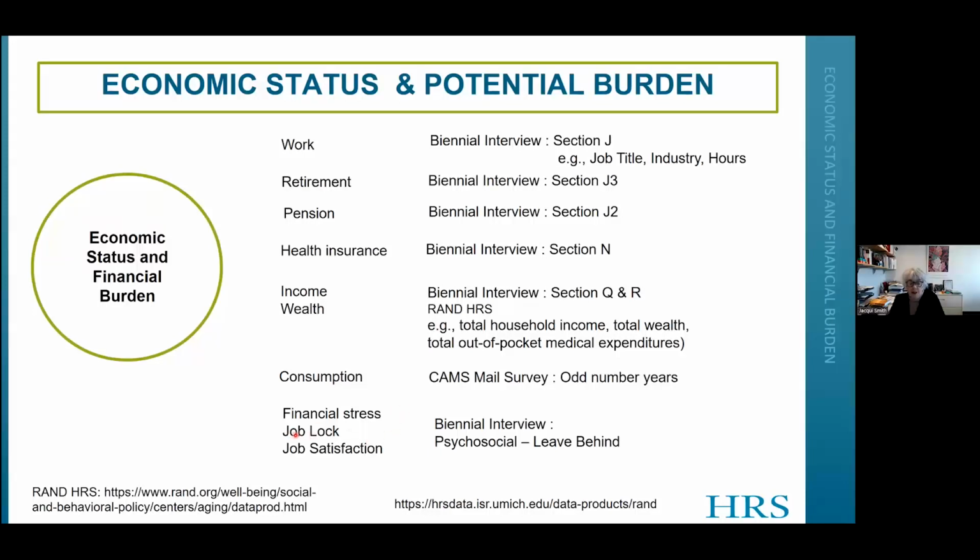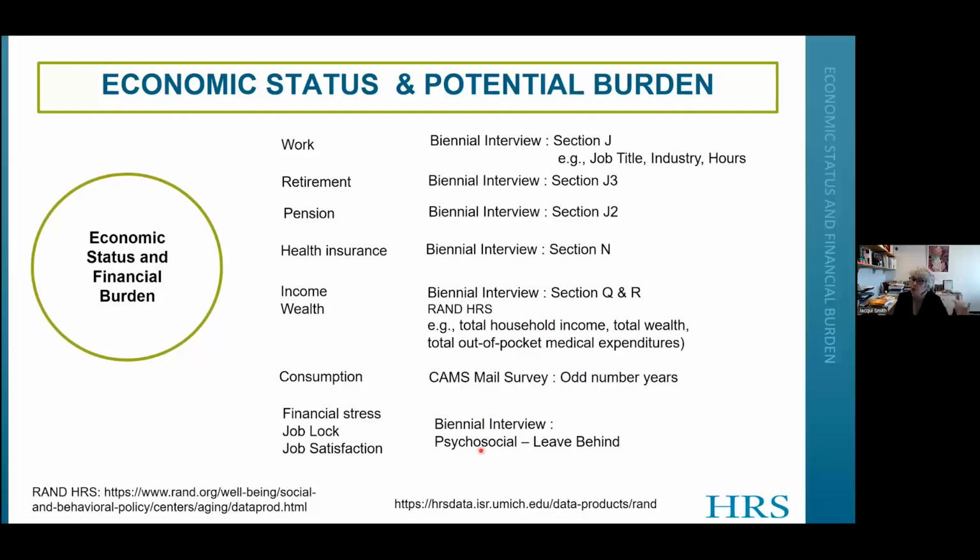Also information about whether you feel that you're locked into a job since you can't retire, even though you would like to. And job satisfaction. And all of that is in the biannual interview in the psychosocial, which is a sort of, they call it a leave-behind. I hate that term.